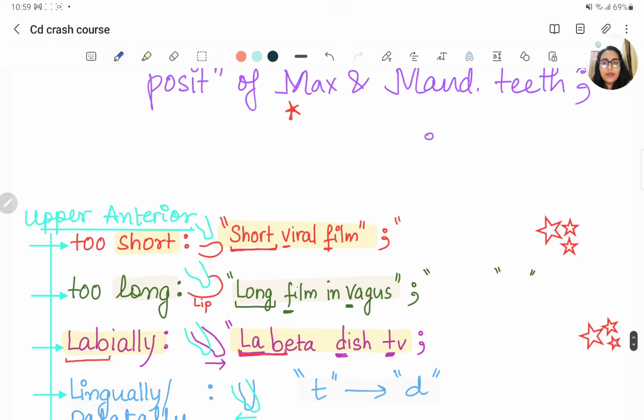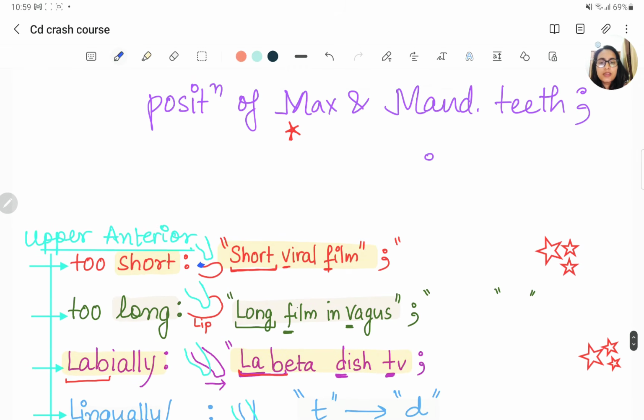Say the upper anterior teeth are too short, that means they are not touching the lower lip. If the upper anterior teeth are too short, you can remember it as "short viral film" or "short vulgar film".